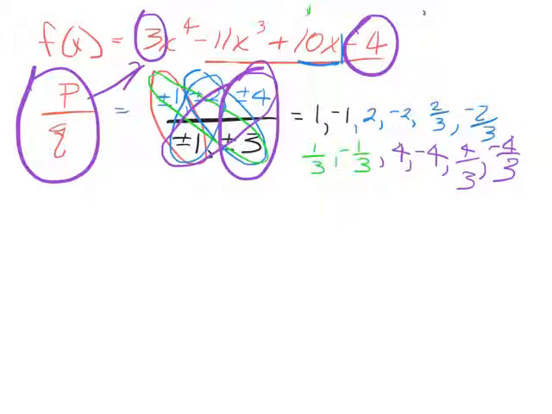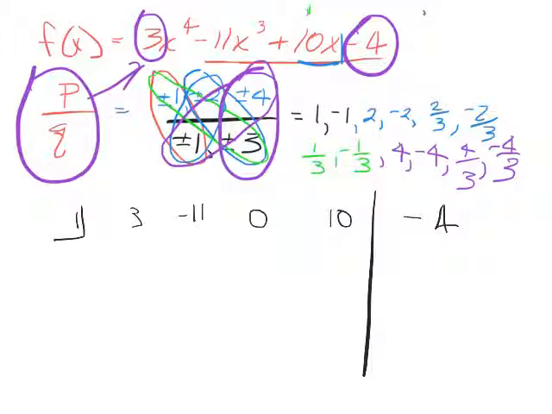So I try 1. And when I try 1 using synthetic division, I have a 3, negative 11, a 0, a 10, and a negative 4. The book makes a little block there to show that this is where my remainder is going to be.